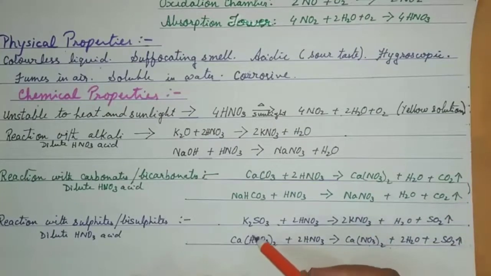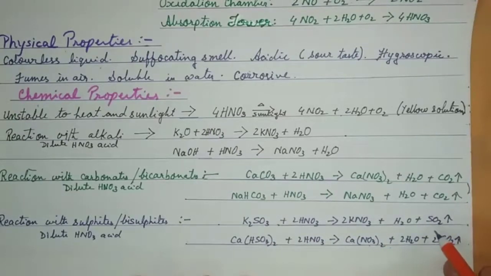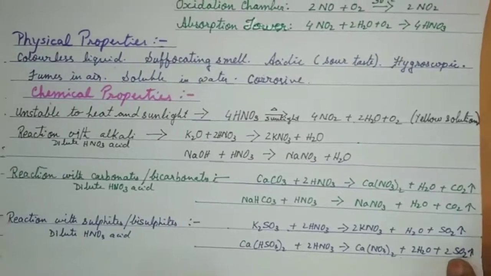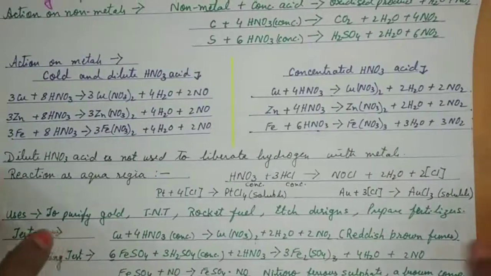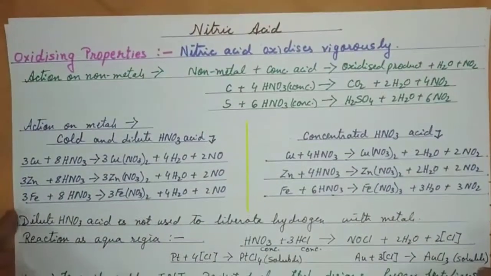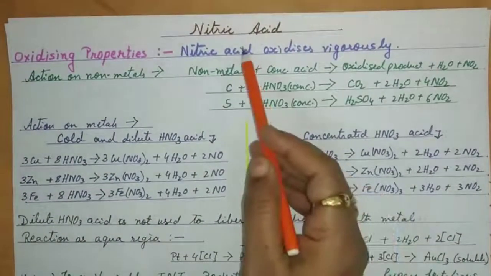Or what do you observe when potassium sulfite is added to dilute nitric acid? We say a colorless gas with a smell of burning sulfur is given out which turns the acidified potassium dichromate orange to green.